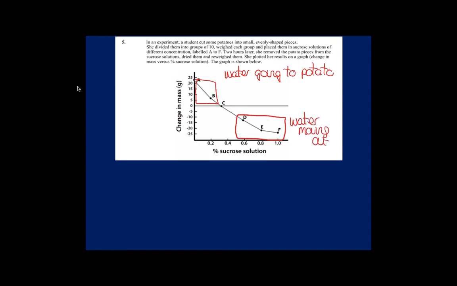And here is where the concentration of the potato cells and the water is the same. So this is the flaccid scenario, this is the plasmolysed scenario, and this is the turgor scenario.